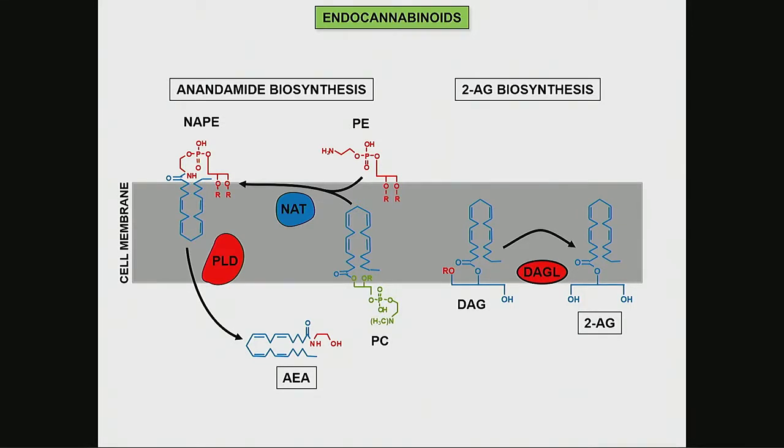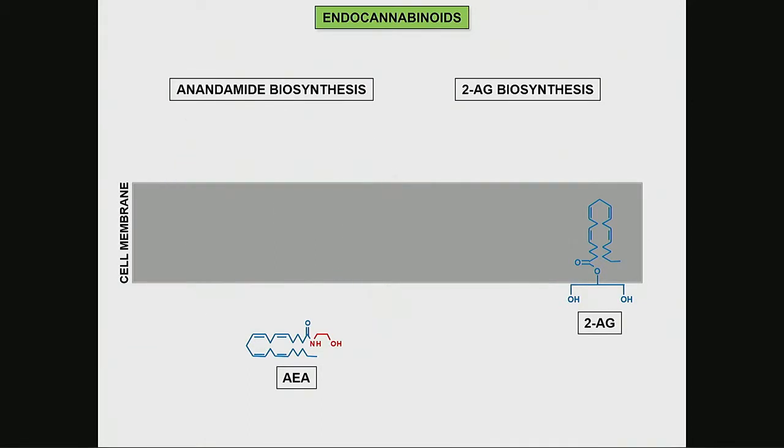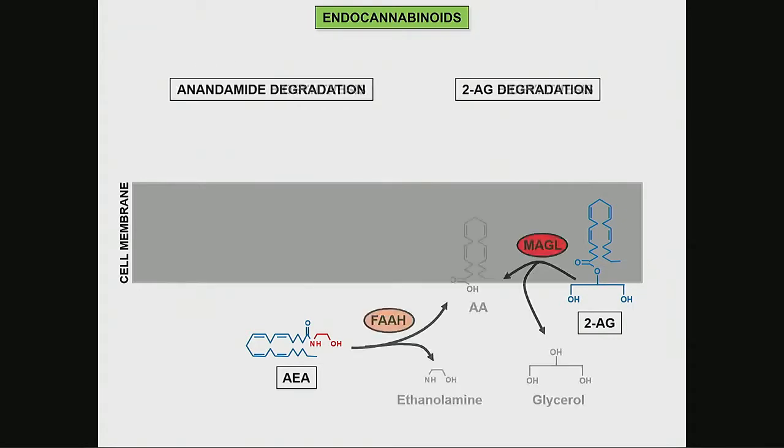The take-home message from this slide is that we have a machinery that produces endocannabinoids when we need them, and we know that machinery. In the same line, we have a machinery that degrades the endocannabinoids when they are not needed anymore in the cell. This machinery breaks down this molecule here, releasing the arachidonic acid part and the ethanolamine part. And the same applies also for the other endocannabinoid, 2-AG.